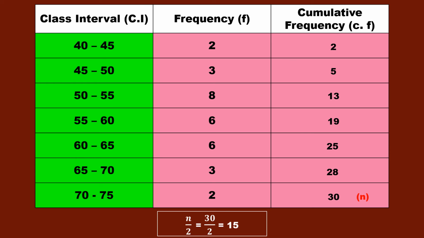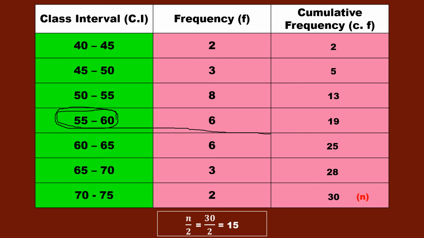Now this 15, you should check in the CF column. We look for the very first value which is greater than 15. It is 19. Don't take this 19 itself. You should take the median class of this row.